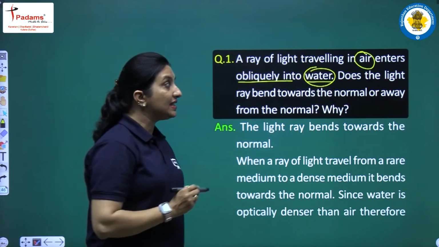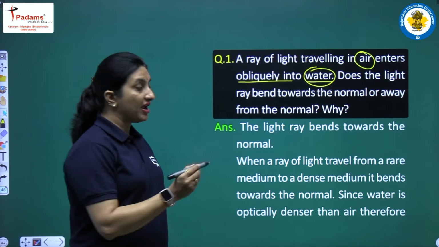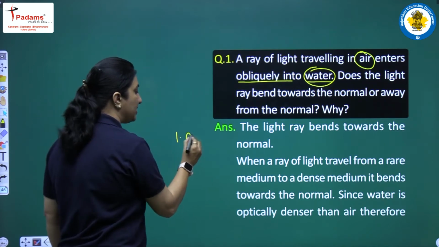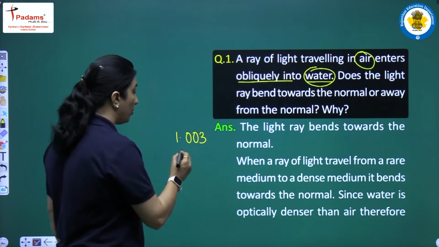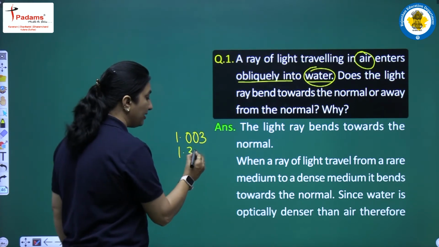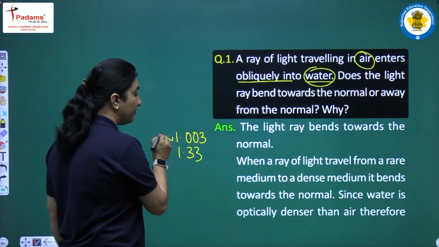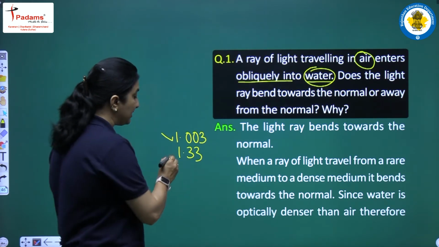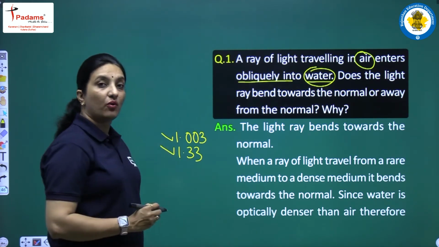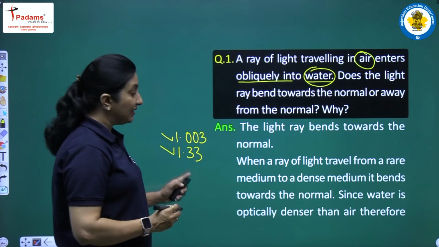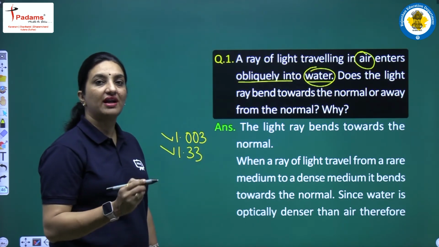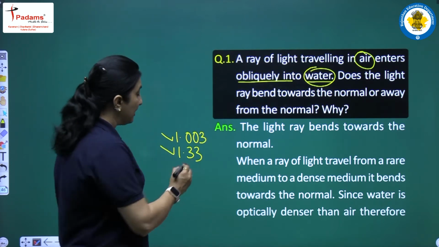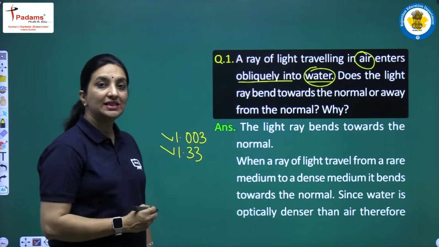Now since the refractive index of air is 1.003 and the refractive index of water is 1.33. This is the refractive index of air and this is the refractive index of water. What we see is that the optical density of air is less as its refractive index is less and the optical density of water is more.